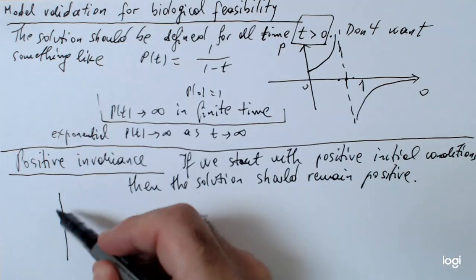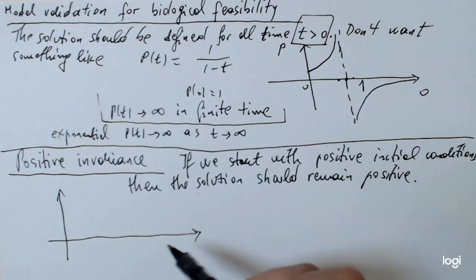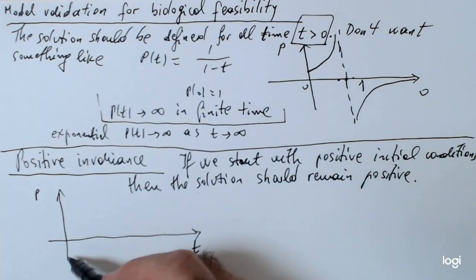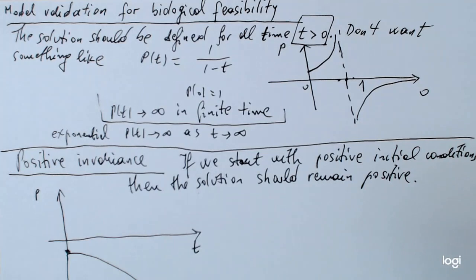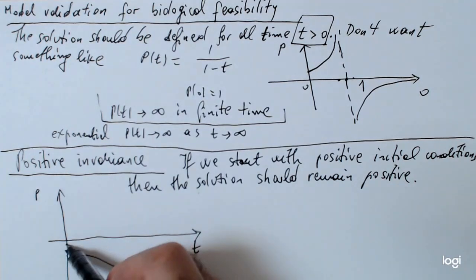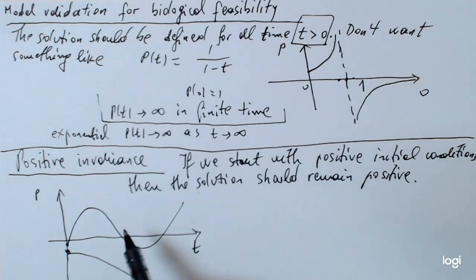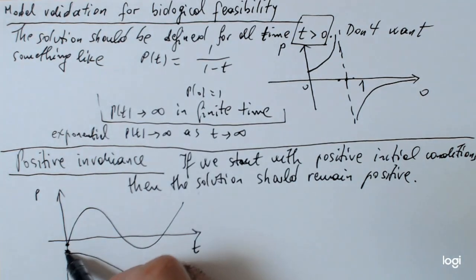I mean, if you have a population, let's say the P of t, the population that is the solution of your model, if you start with a negative quantity, it does something like this. If you start, let's say, with a negative quantity, maybe it does like this. I don't really care what happens if you start with an initial condition negative.